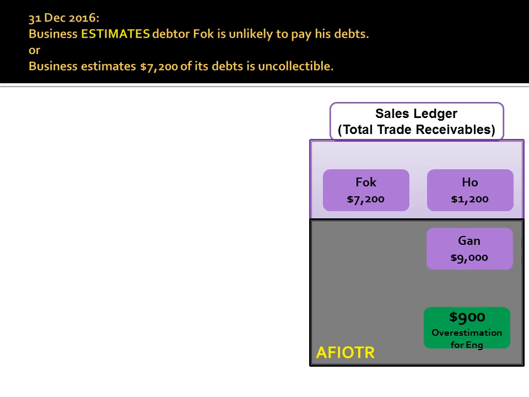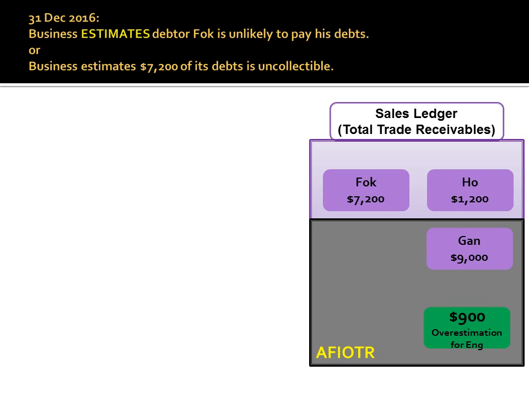At 31st December 2016, the business now estimates that Fok is the only one who is unable to pay his debts. This means that after the adjustment, we would only expect to see Fok in the allowance for impairment of trade receivables account.